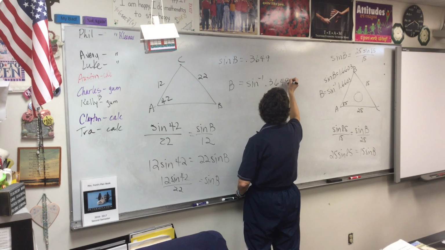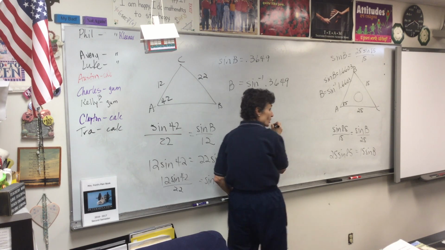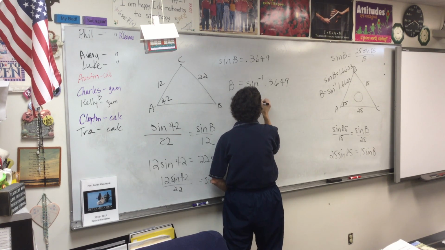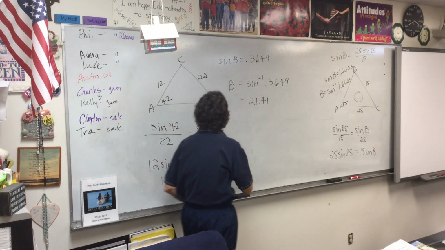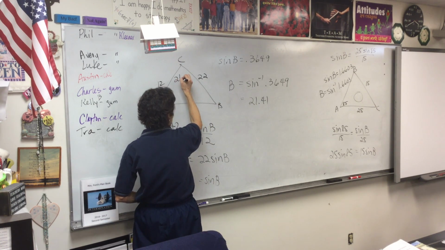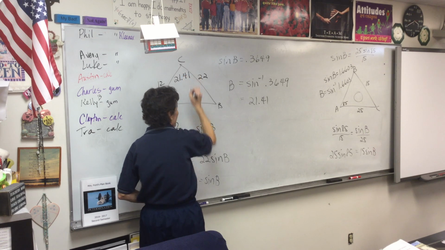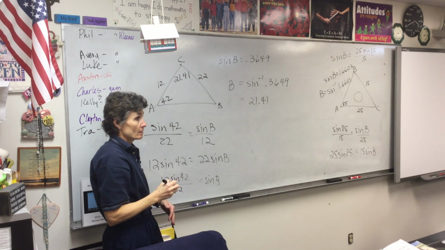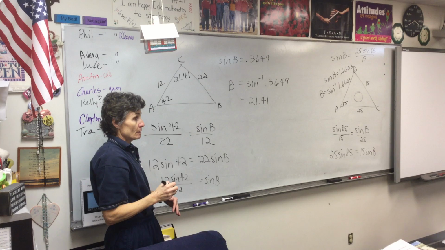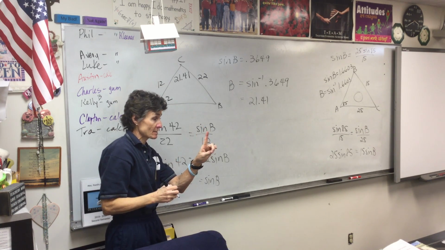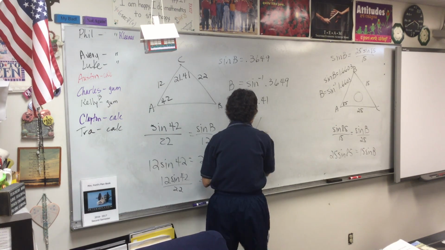And did you get an angle? 21.41. So this time I got an answer. It's 21.41. So I know I have at least one answer. Now I'm going to check for the second one.